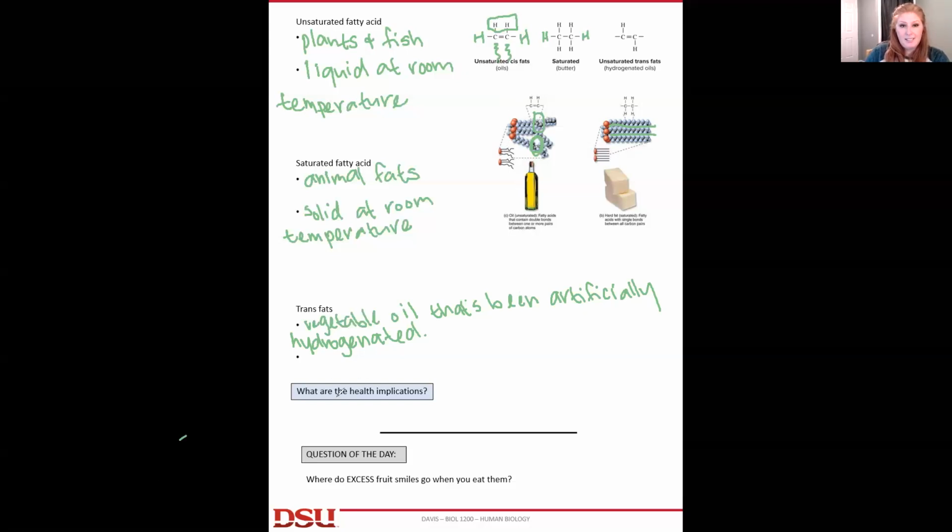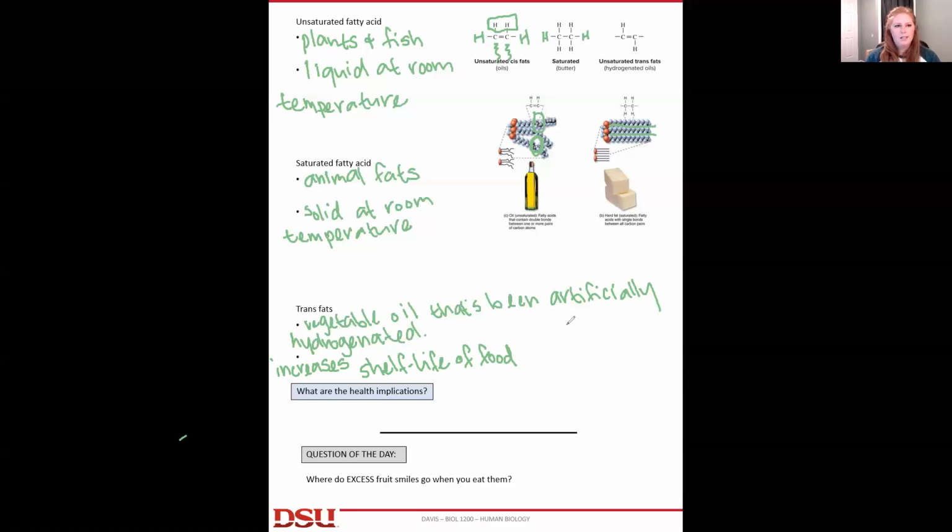This is done because it increases the shelf life of foods, makes them last longer. And obviously for manufacturers, you want them to last longer so that you can sell more. Trans fats can also give what would otherwise be a little more crunchy food some softness.